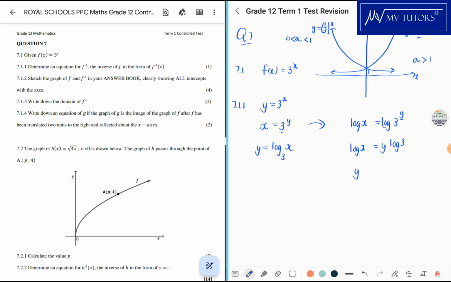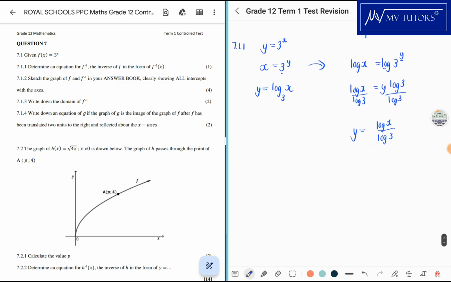And then I'm going to divide by log 3 on both sides. So then I have y is equal to log x over log 3. This is technically correct. You can leave it like this, but I don't think for the purposes of getting the full marks you'll get it, even though it's only 1 mark.